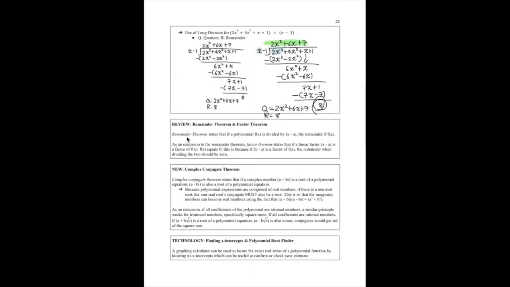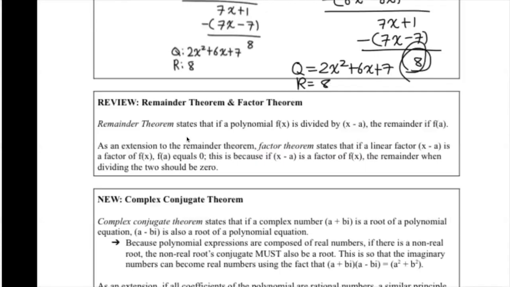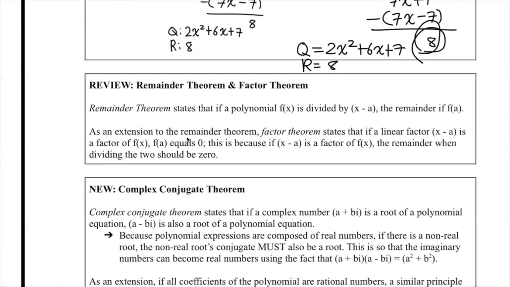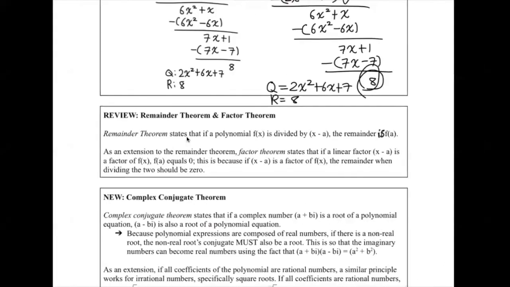Okay, now let's learn some theorems. The first thing we're going to learn, which is from Algebra 2 actually, is the remainder theorem. The remainder theorem states that if a polynomial f of x is divided by x minus a, the remainder is f of a. There's a typo, sorry. What this is saying is actually common sense.